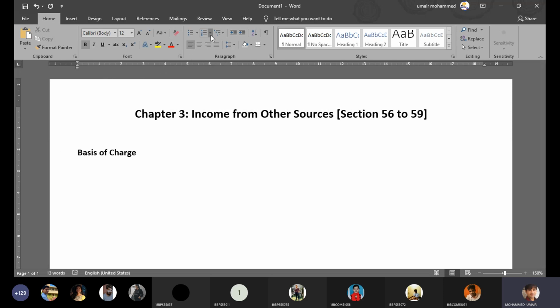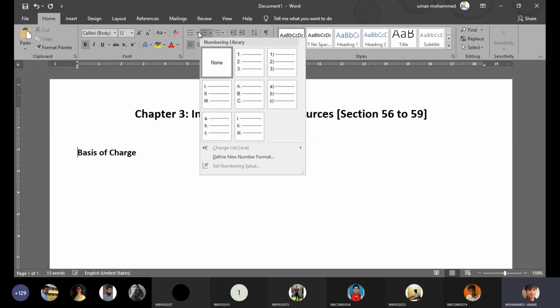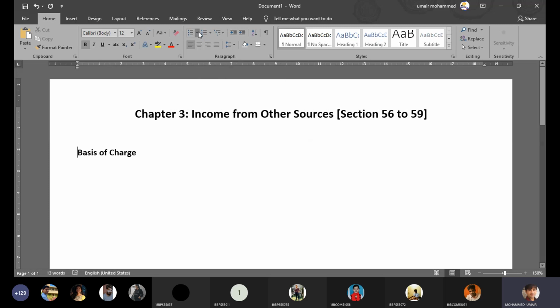It tells us on what basis we classify a particular transaction under a specific head of income. So in order to classify any transaction under the head income from other sources, there are a few important criteria.